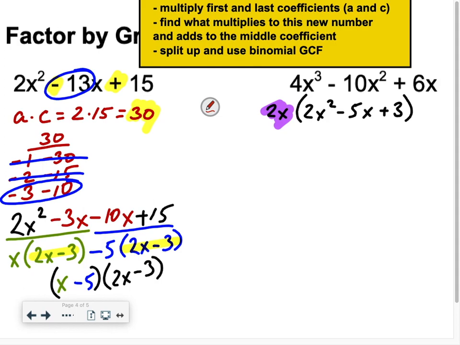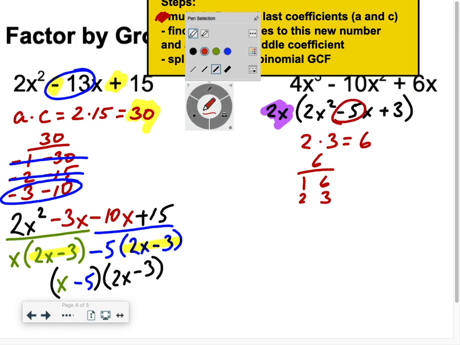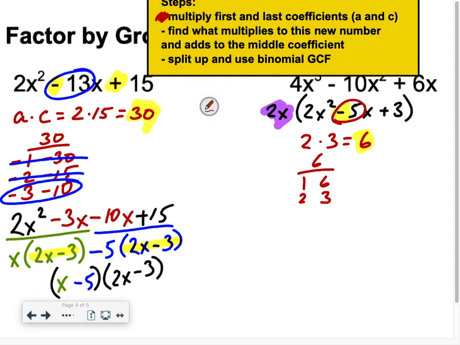Now, let's multiply the first and the last terms together. I'm going to have 2 times 3, well that's going to be 6, and I need factors of 6 which are going to add up to this negative 5. Because this 6 is positive and this negative 5 is negative, I know that these have to be negative, negative.